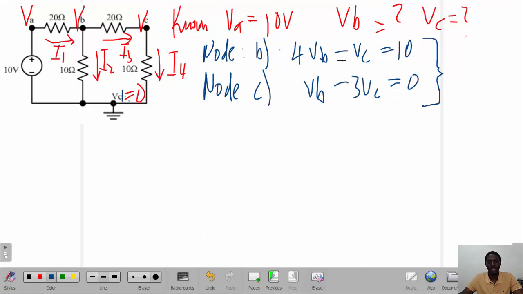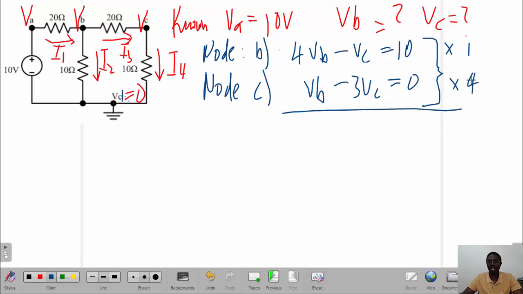These are the two equations that we've obtained. This is at node B and this is at node C. So we solve these equations simultaneously. What we can do to do that is multiply these values by, let's say here by 1, we want to eliminate VB, and this by 4.